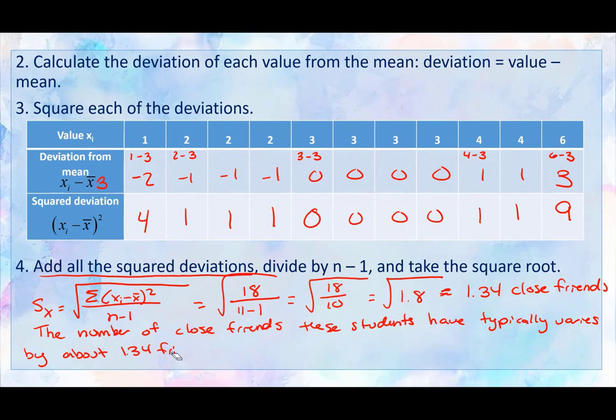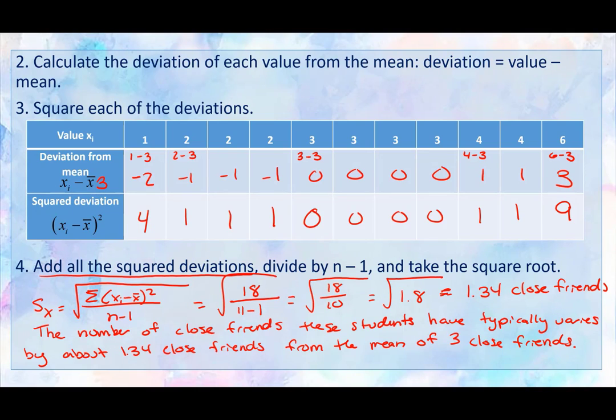Let's make sure we get the right wording in here. Close friends from the mean of 3 close friends.